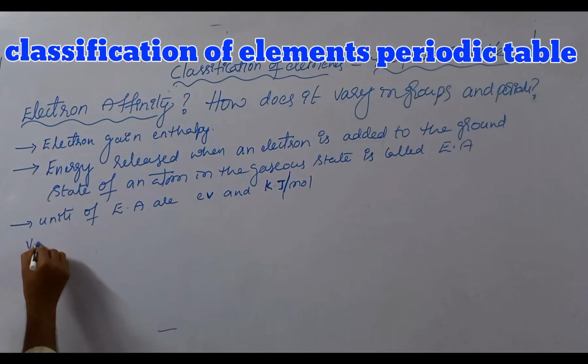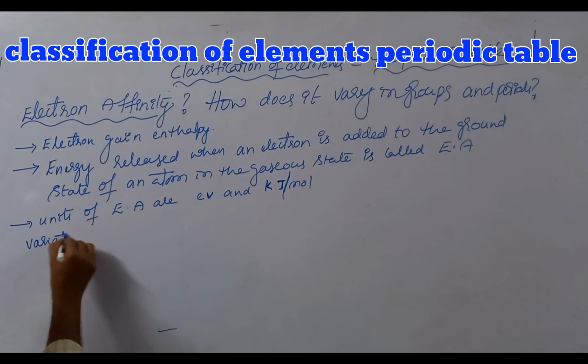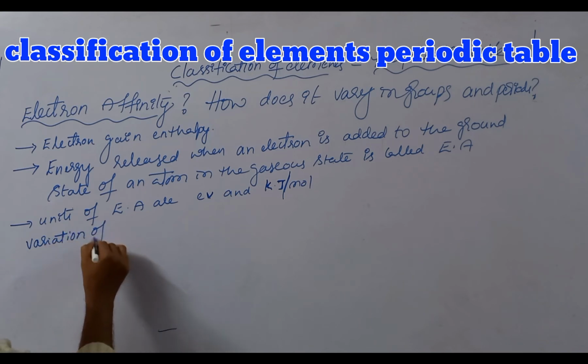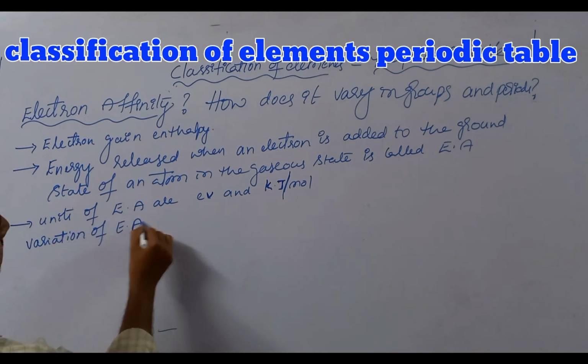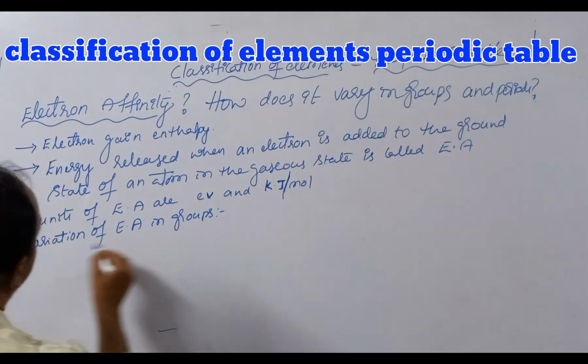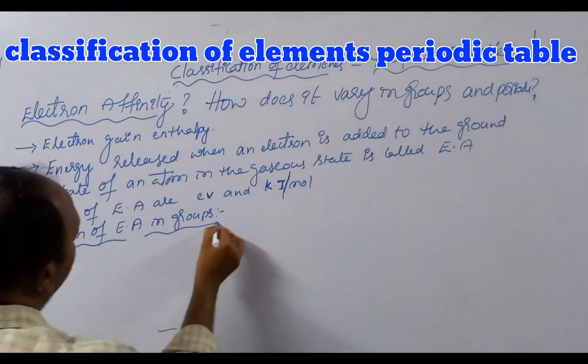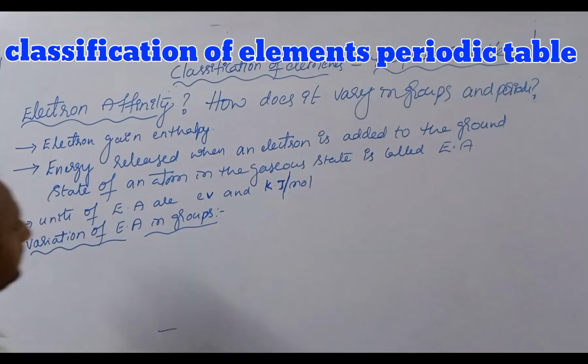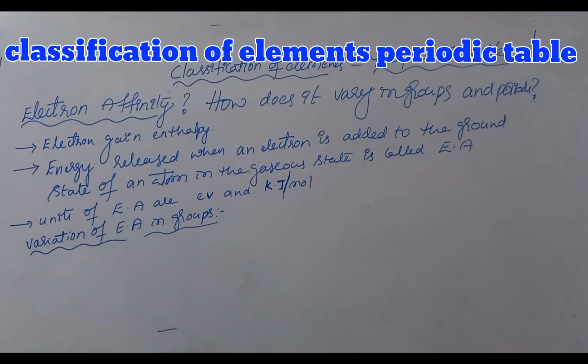Now, variation of electron affinity in groups. Electron affinity in groups changes similar to the change of ionization energy in groups. In the previous video, we explained that in a group, ionization energy decreases from top to bottom because atomic radius increases.